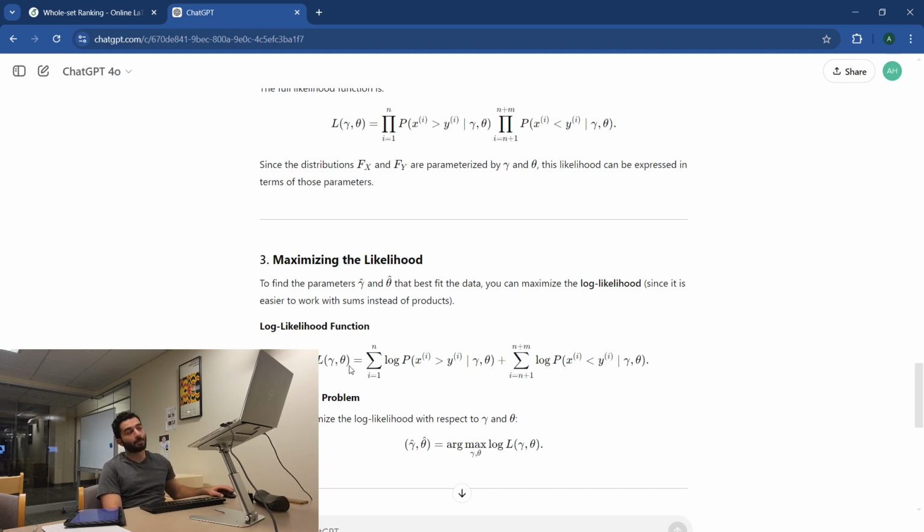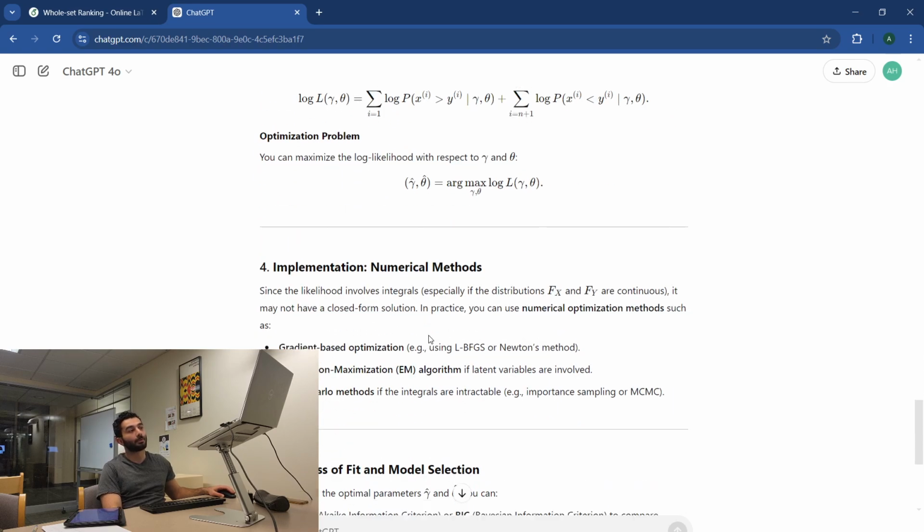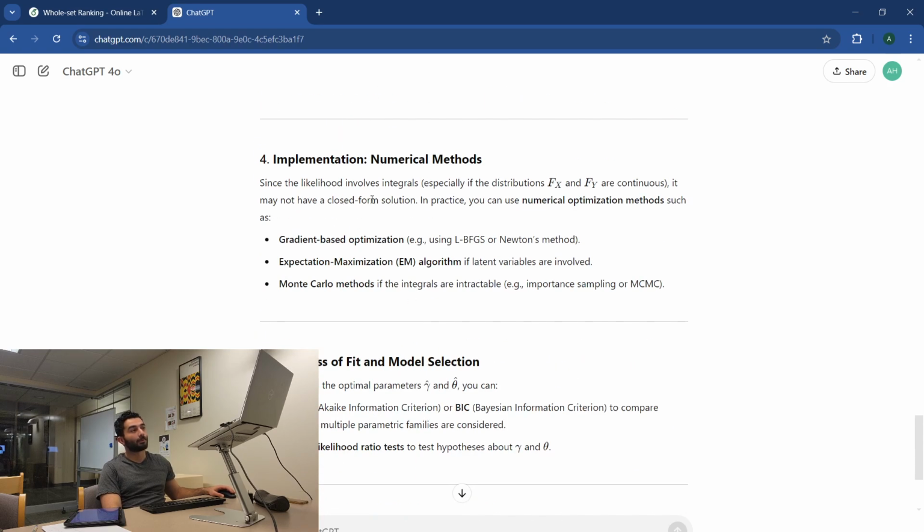Well, that's a very easy problem, yeah. I mean, maybe this optimization is difficult, but that's how you should do it. Yeah, right.